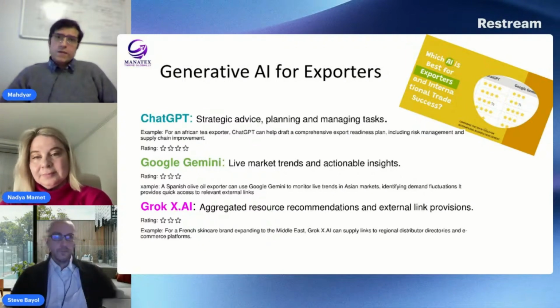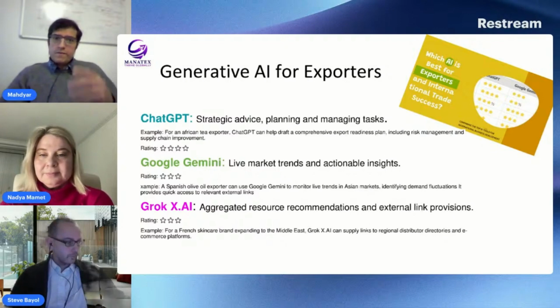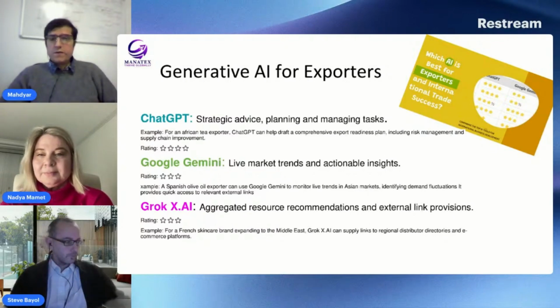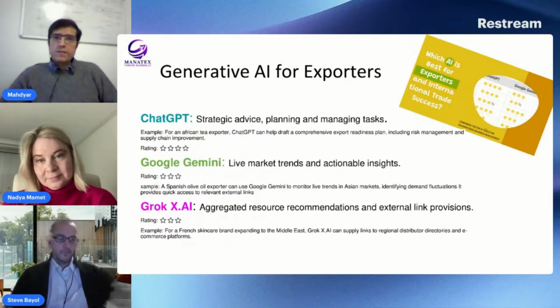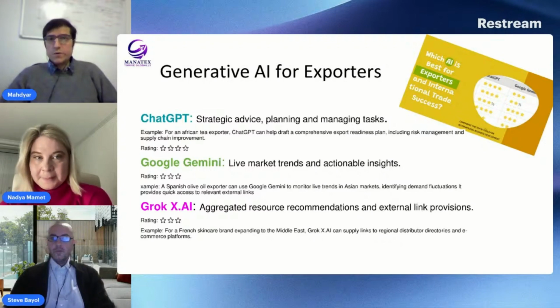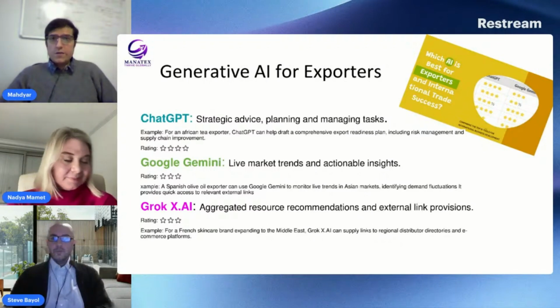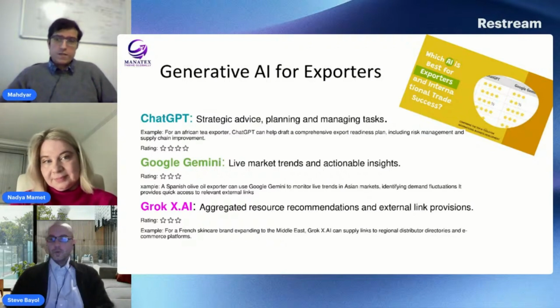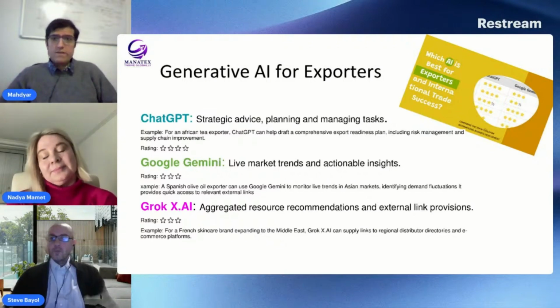Grok is a newborn baby of Elon Musk, and it's my favorite one. The reason is that I found it less biased than Google Gemini and ChatGPT, because all these AIs are biased and follow the instructions of their builders and their companies. If you challenge them at some point, you understand that they are really biased to answer some of your questions the way that their builders like.